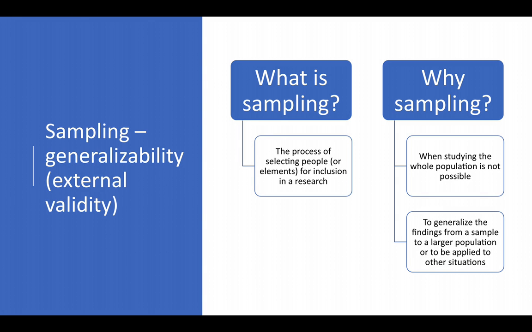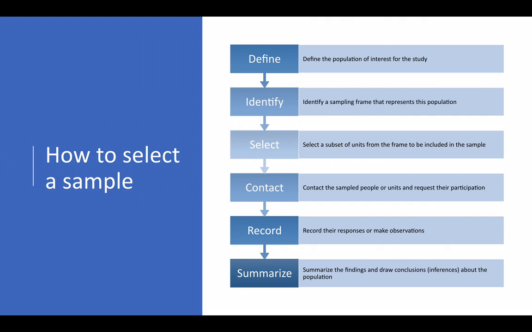Why? Because sometimes studying the whole population is not possible, and we can do it by statistical inference. We generalize our finding from a sample to infer the larger population.